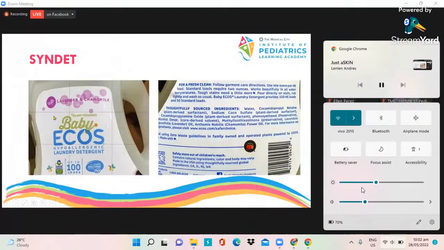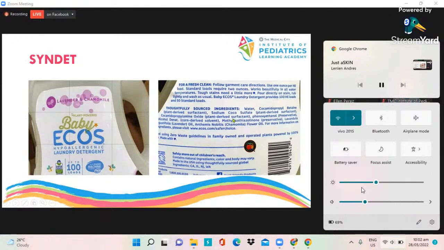Let's take a look. Ito, yung baby eco-friendly, hypoallergenic. Is it really better? Well, let's take a look. Water. Ayan, hirap nga bigkasin Cocamido, dopropyl, betaine. It's plant-derived. Cocosulfate, plant-derived. Ito, mas mahaba pa.